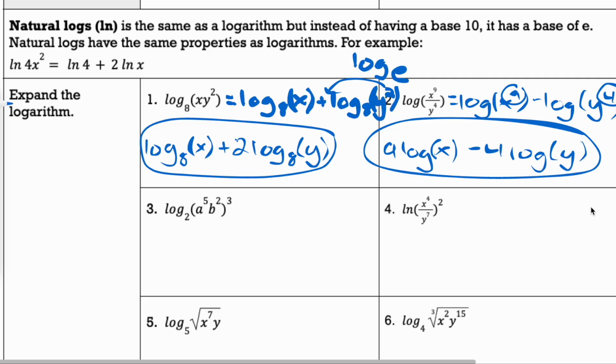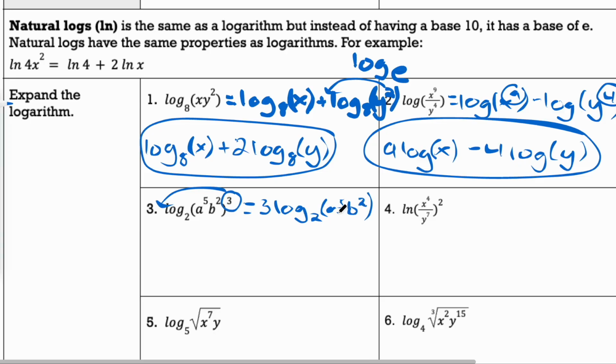Okay, let's move on to this one. Initially, I first see this exponent. So I'm actually just going to tackle this 3 and move that out. I'm going to say 3 times log base 2 of a to the 5th b squared.